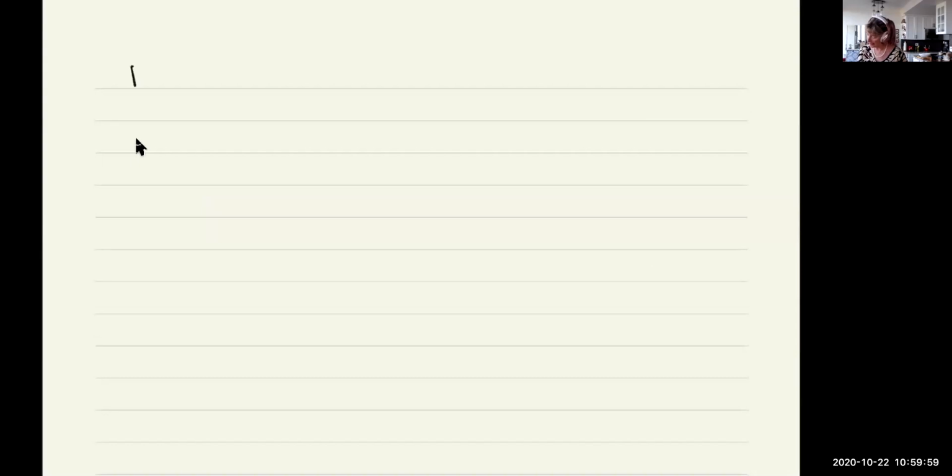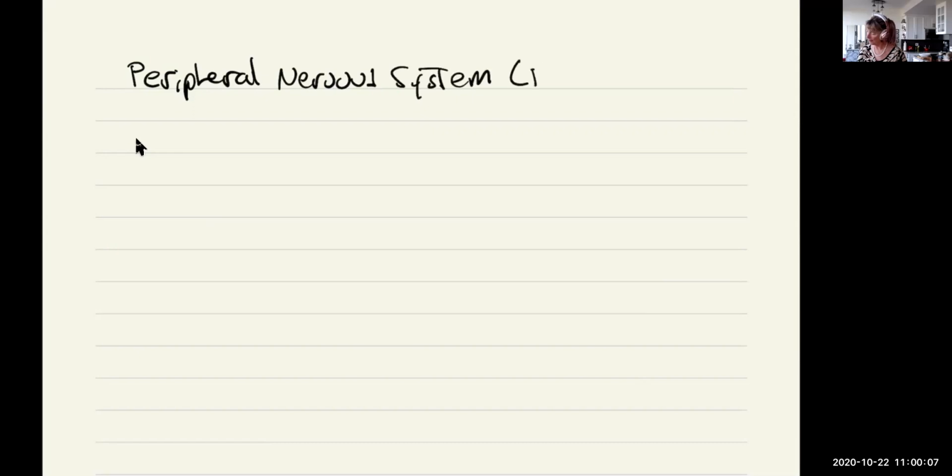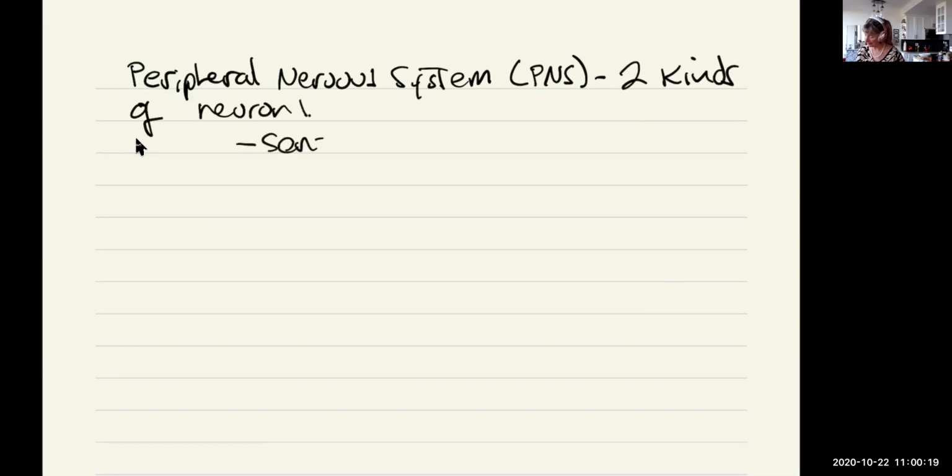So the peripheral nervous system, or PNS, a bit of review here, has two kinds of neurons: sensory or afferent, and motor or efferent.